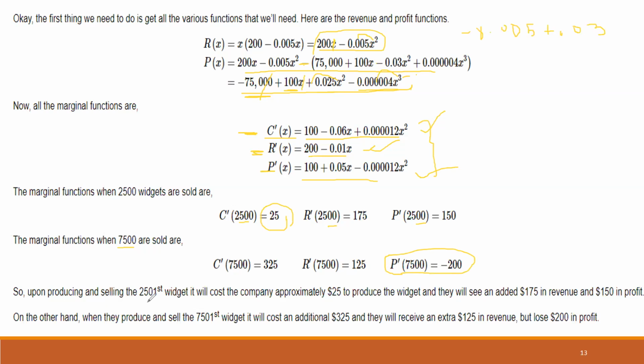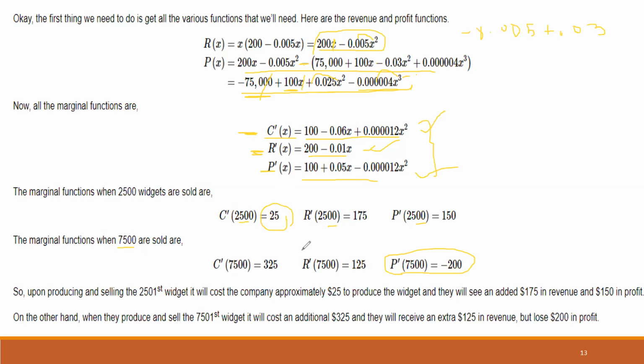So upon producing the 2,501st widget, the company is going to have a cost of $25 to produce it.